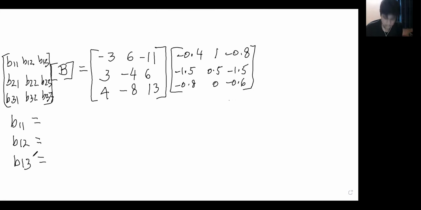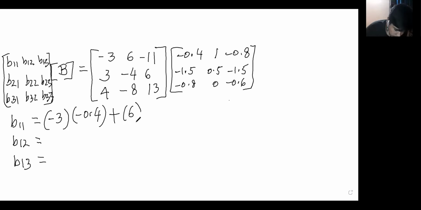No, how do you calculate? Minus 3 into minus 0.4 is 1.2. 1.2 plus 6 into minus 1.5 is minus 9.